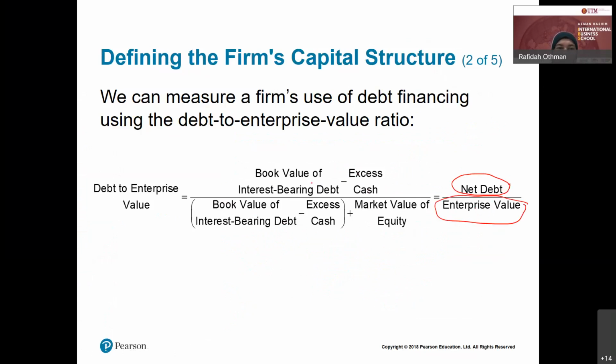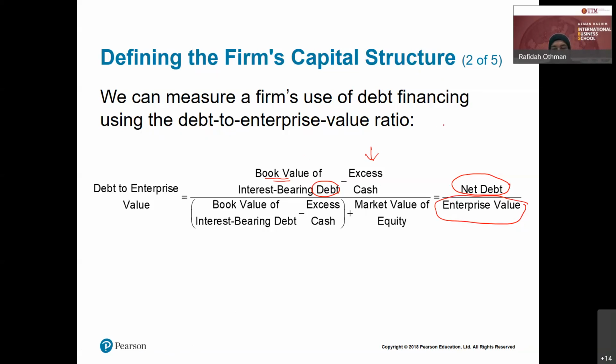Net debt consists of the book value of the interest-bearing debt minus the excess cash, which is the cash available in the company. We subtract that from the book value of the debt, so this is the net debt the company has after taking into consideration the excess cash.